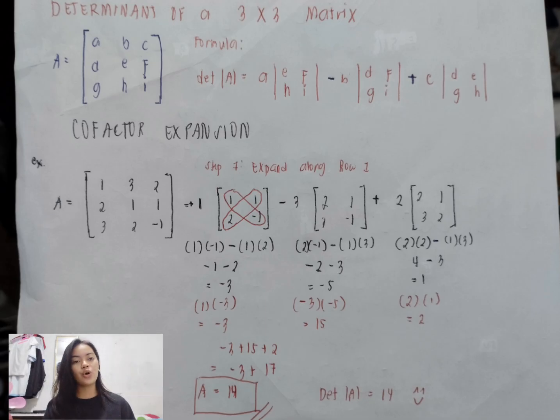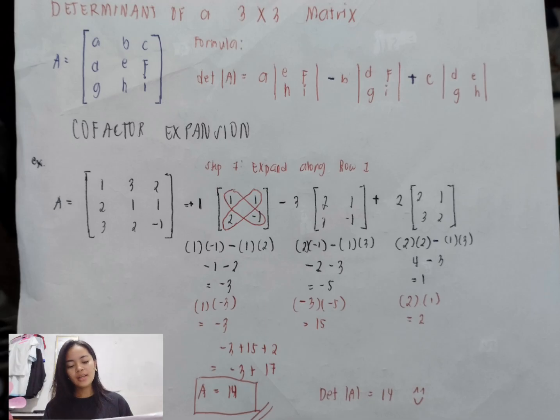Now, let's get the determinant of a 3 by 3 matrix using cofactor expansion. Here we have the determinant of A, whose entries are 1, 3, 2, 2, 1, 1, and 3, 2, negative 1. For our first step, we expand along row 1.